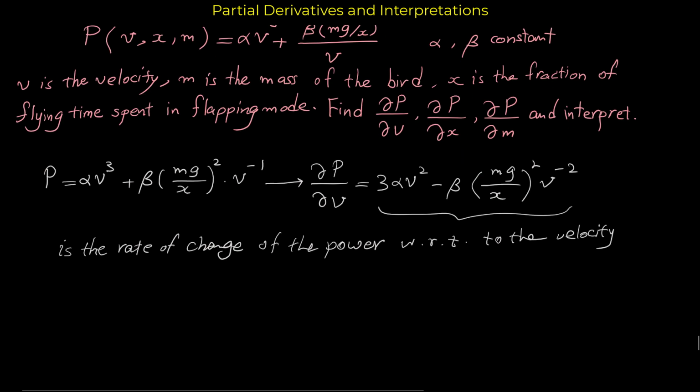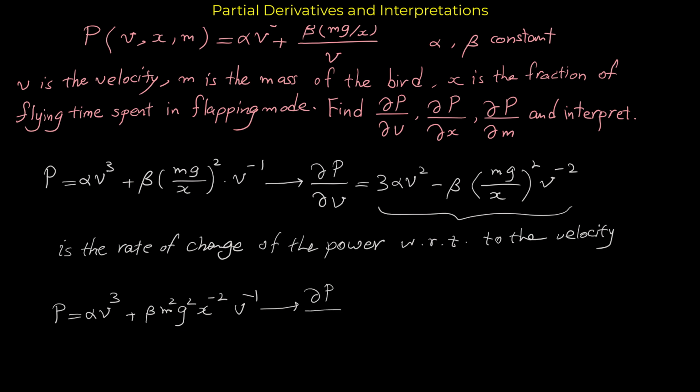Now we want to find the partial derivative of P with respect to x. For that, I rewrite my function in the form of P equals alpha V to the 3 plus beta m^2 g^2 x to the negative 2 V to the negative 1. Now the partial derivative of P with respect to x would be 0, because we don't have any x in the first term, plus the derivative of beta m^2 g^2 x to the negative 2 V to the negative 1.